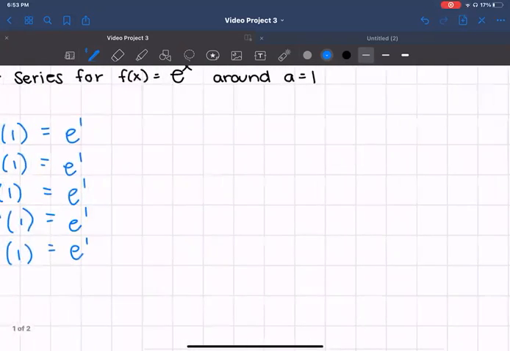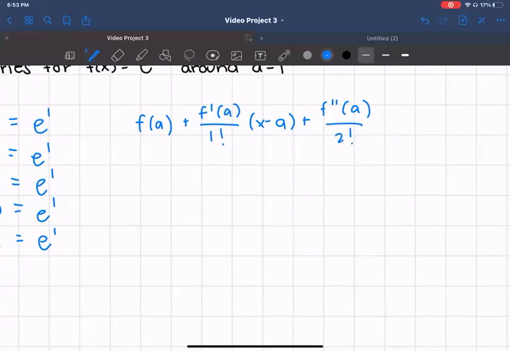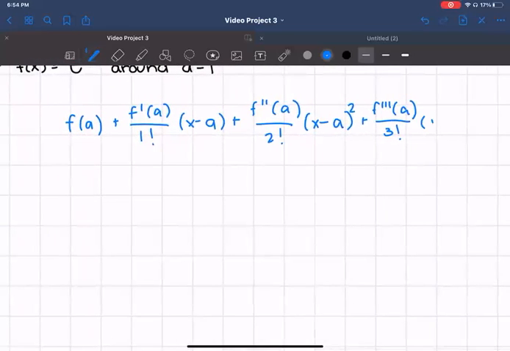And then the formula for the Taylor series is f of a plus f prime of a times (x minus a), and then so on.